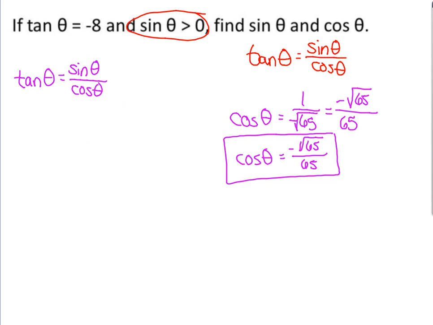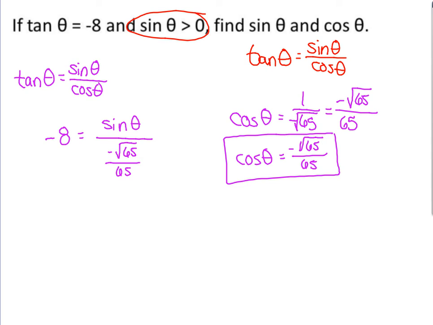Now again, we need to remember that tangent is sine over cosine. We know our tangent value is negative 8. We don't know what our sine value is, but we just found that cosine is negative radical 65 over 65. Right now we have sine divided by our value.